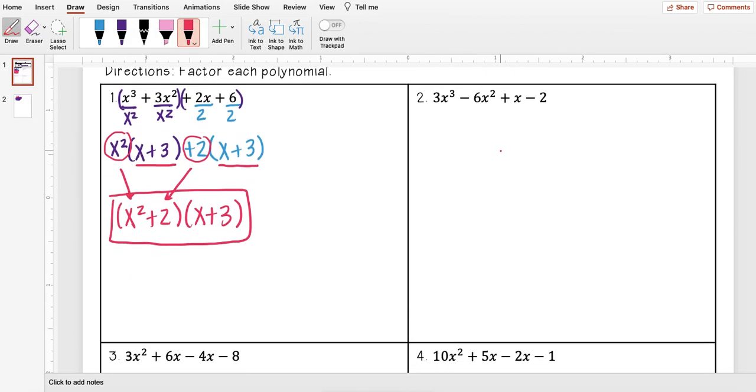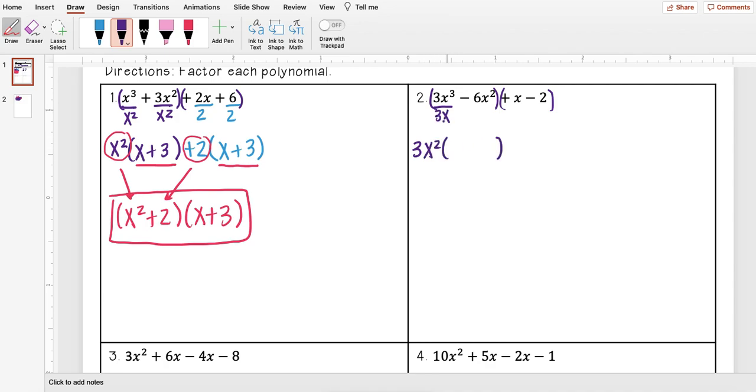Okay, let's try another one. So now I have 3x cubed minus 6x squared plus x minus 2. I'm going to first group these into pairs. I'm going to find the GCF from my first pair. So GCF of 3 and 6, that's going to be 3. X cubed and x squared, that's going to be x squared.